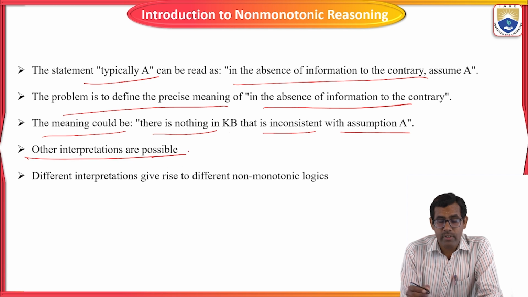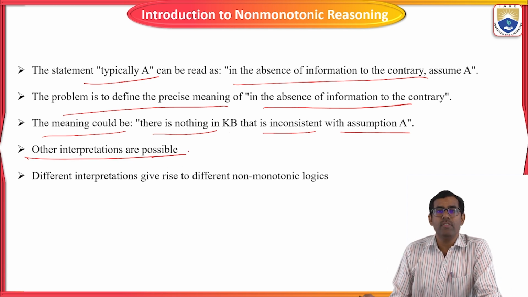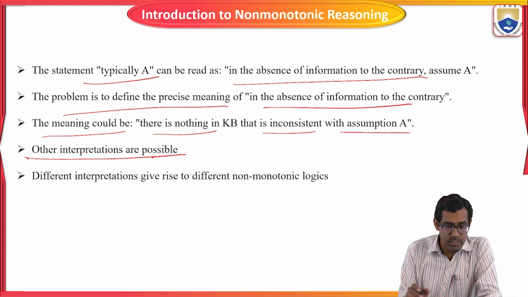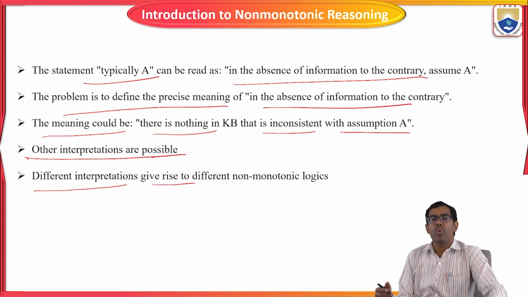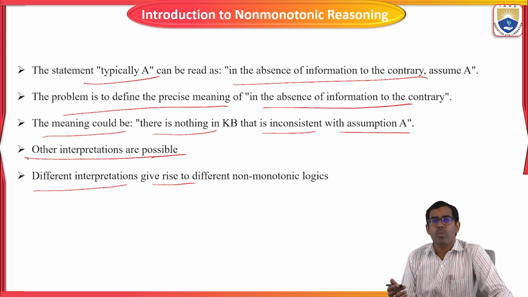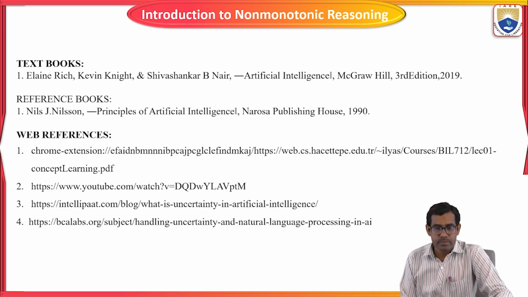Here we can't tell that a feasible solution will be produced by non-monotonic reasoning. Other possible solutions are also possible based on your knowledge base. Different interpretations give rise to different non-monotonic logics. So based on your problem statement, we predict the solutions.